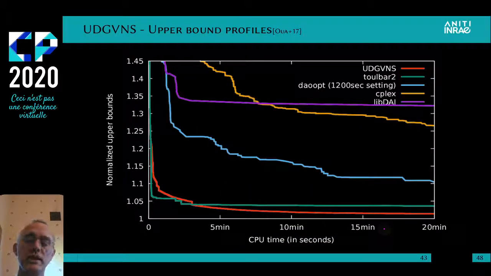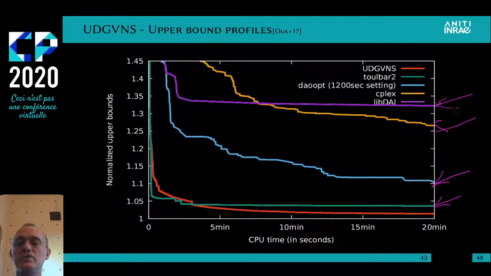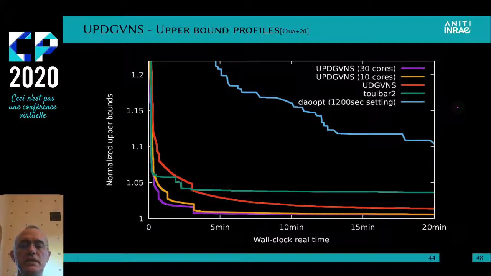But where it really shines is on upper bounds, of course, and here you can see how it compares to HBFS, to DAO-opt, to Cplex, and even to libdai, which is a very famous Markov random field library. And if you have many cores, it performs even better, of course.